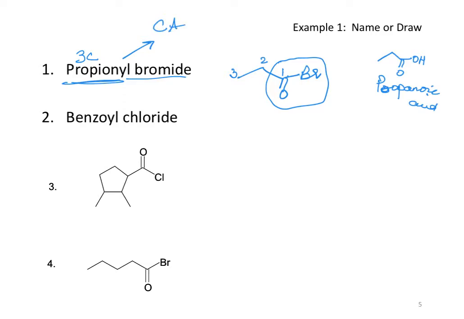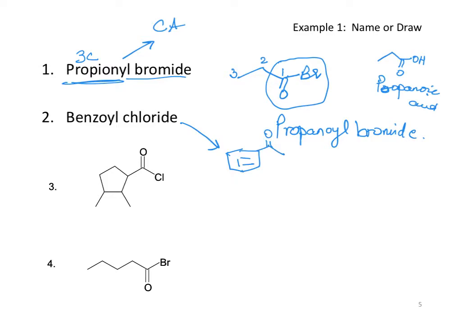On the other hand, if you wanted to give it a more IUPAC name, that should be propanoyl bromide. Just know the difference between propionyl and propanoyl. Benzoyl chloride is very similar to the benzoyl bromide that we just did a couple minutes ago. We have benzoic acid as the parent carboxylic acid, and we are just converting that into a COCl, right?